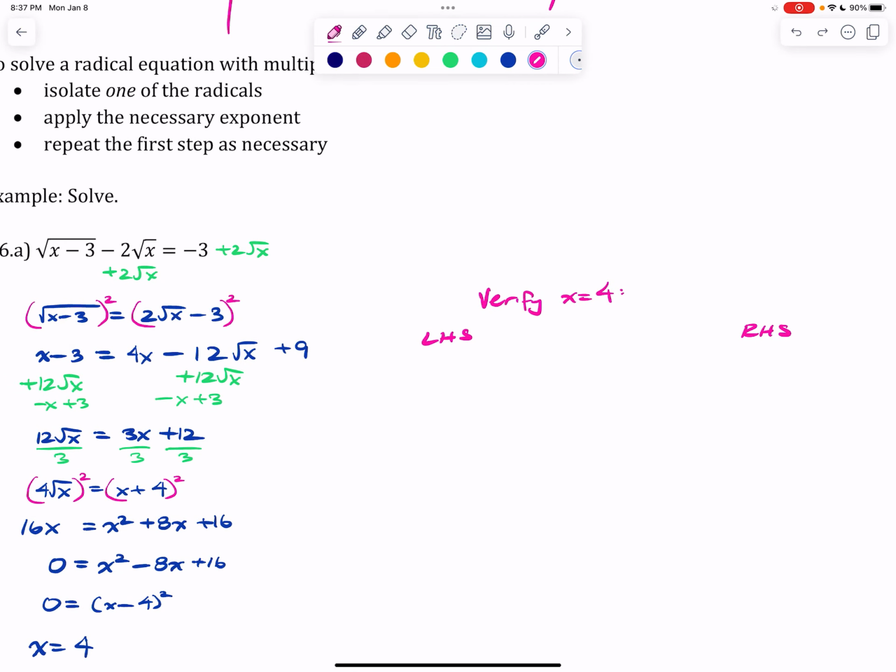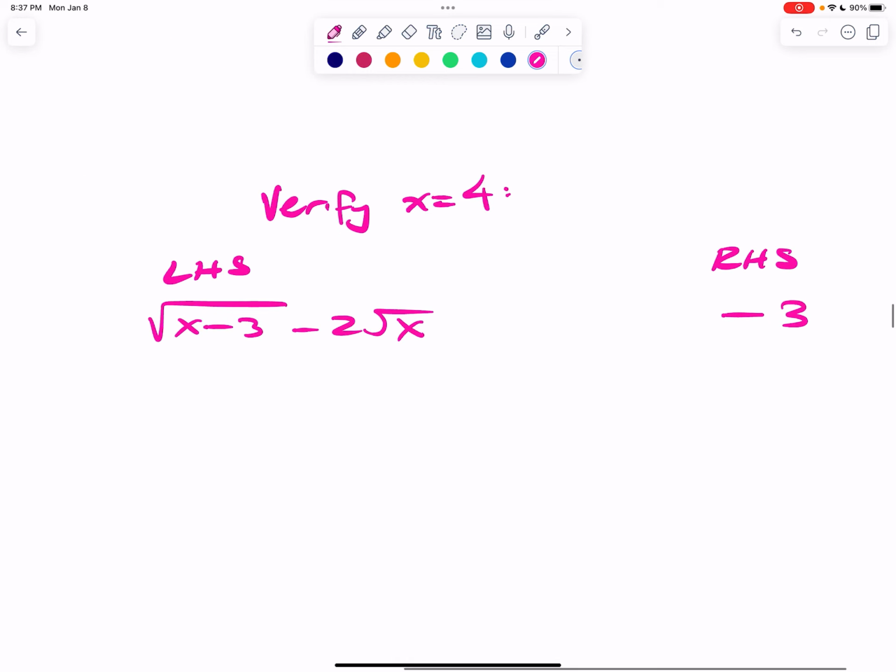So left side is the root of x minus 3 minus 2 root x. Right side is negative 3. And we're going to see what happens with that when x is 4. Left side is then the root of 4 minus 3, minus 2 root 4.